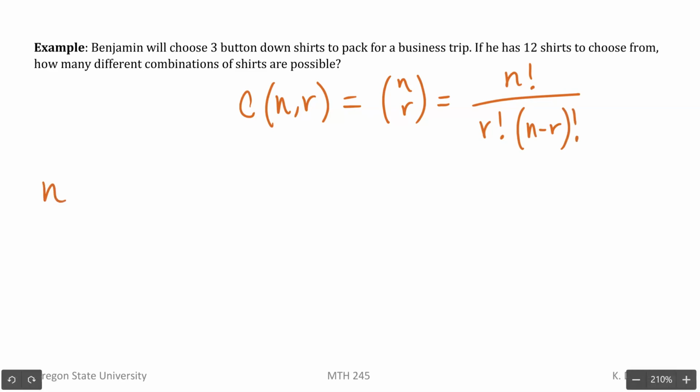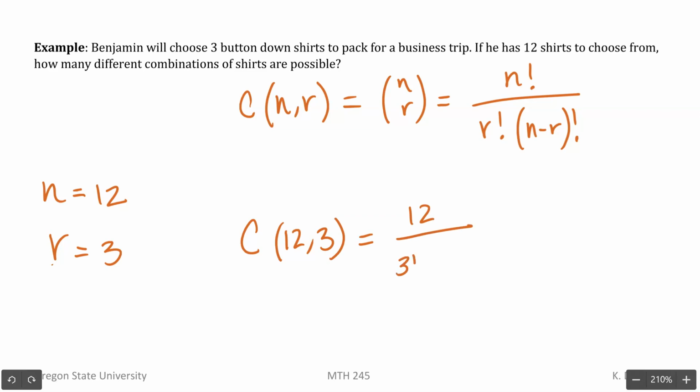So we're defining n to be 12, total possible options, r to be what we're choosing, 3, and let's plug it into this formula. 12 choose 3 is equal to 12 factorial over 3 factorial, and then 12 minus 3 is 9 factorial.